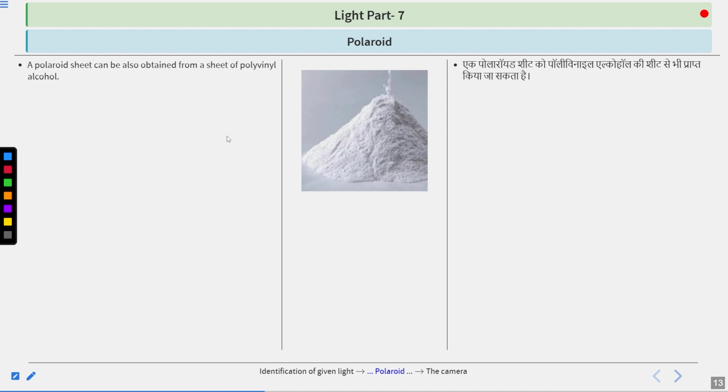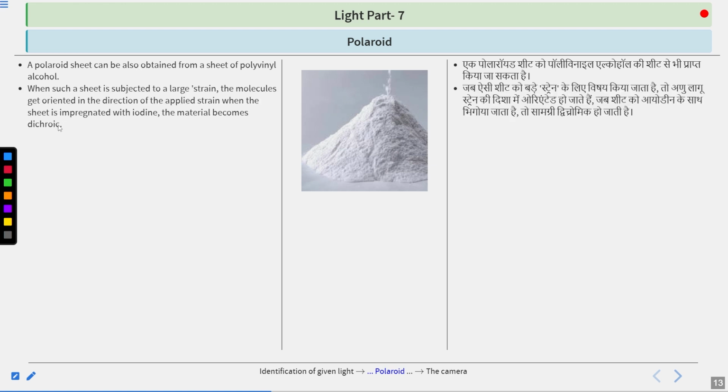Thereafter, we could say a polarizing sheet could also be obtained from a sheet of polyvinyl alcohol. When such a sheet is subjected to a large strain, the molecules get oriented in the direction of the applied strain. When the sheet is impregnated with iodine, the material becomes dichroic.